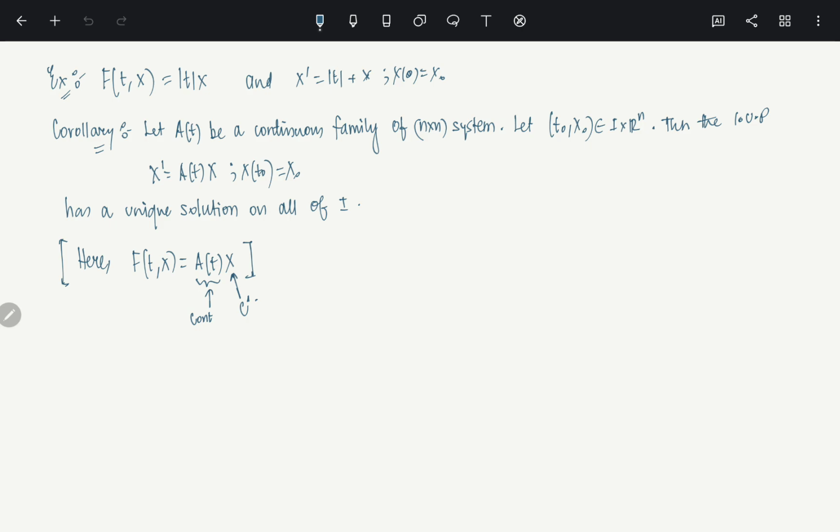Now this is not the end actually. What you need to do is show that the solution exists for all of I. How do you prove something like that?